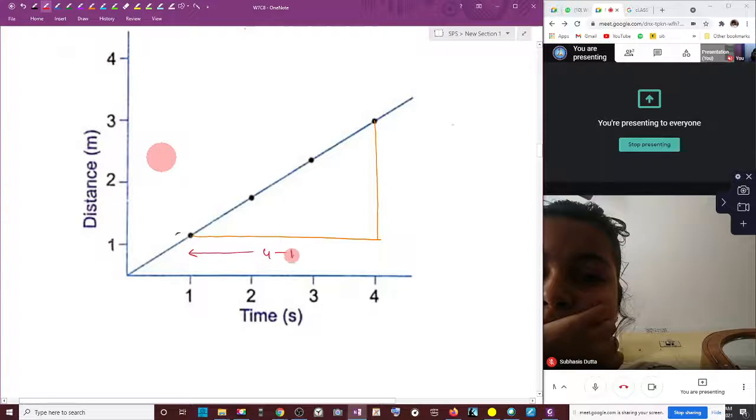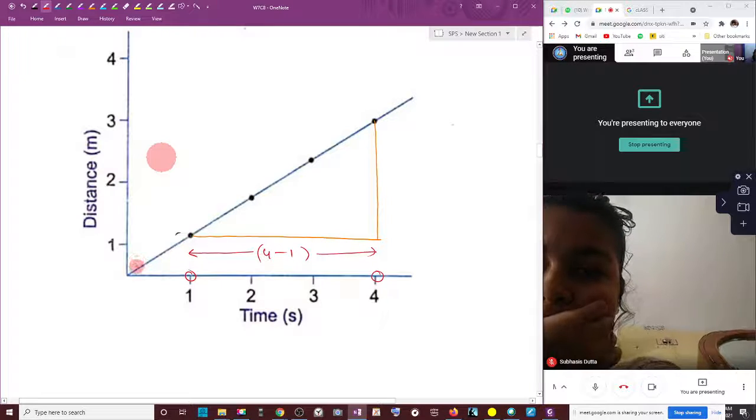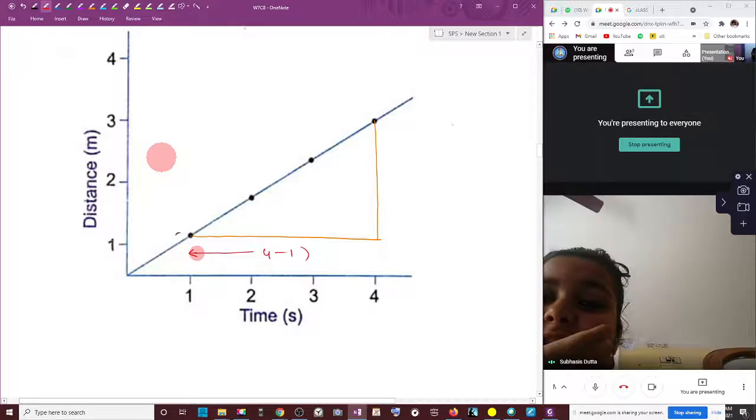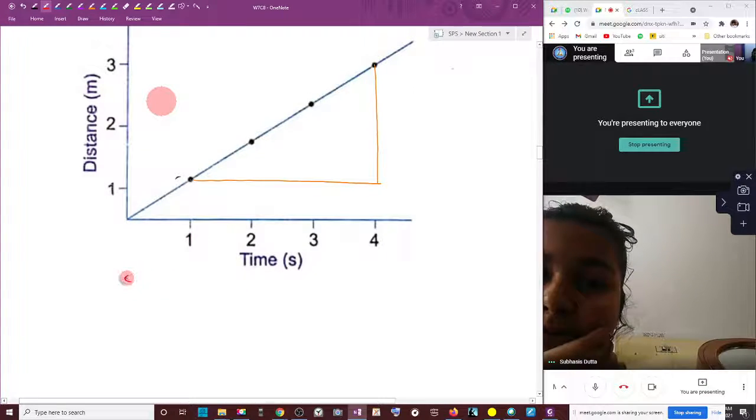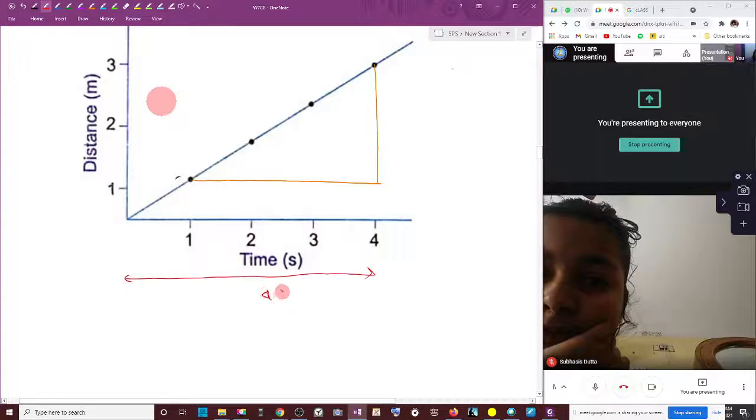In this triangle, can you tell me this time? Is it 4 minus 1? This one is 4, this one is 1. So will it be 4 minus 1? Okay. I think you are having problem. Okay, again. Tell me, what is the time from here to here? 4 seconds. Is that right?